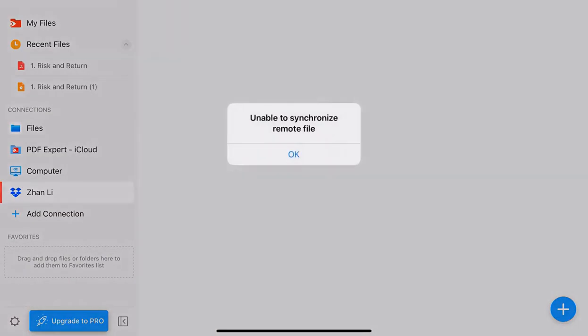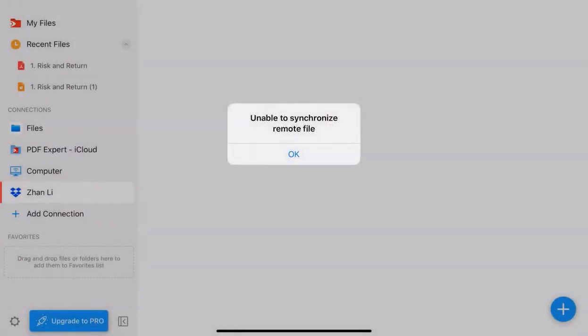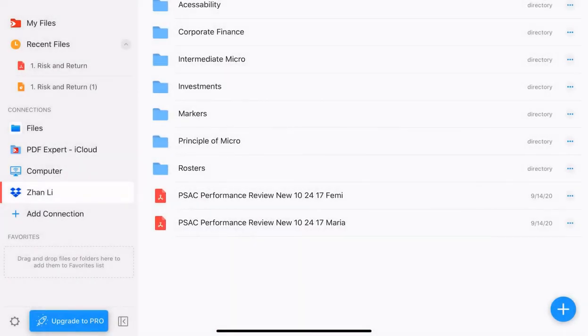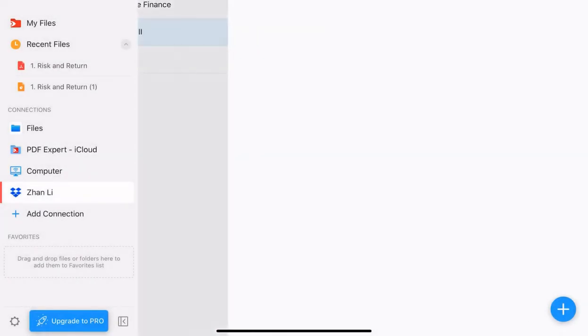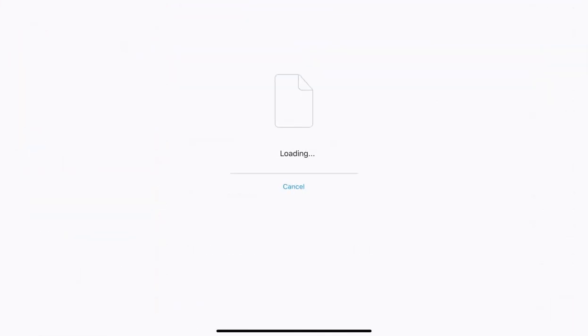So let's proceed to the second chapter. Let's talk about the theory of CAPM.